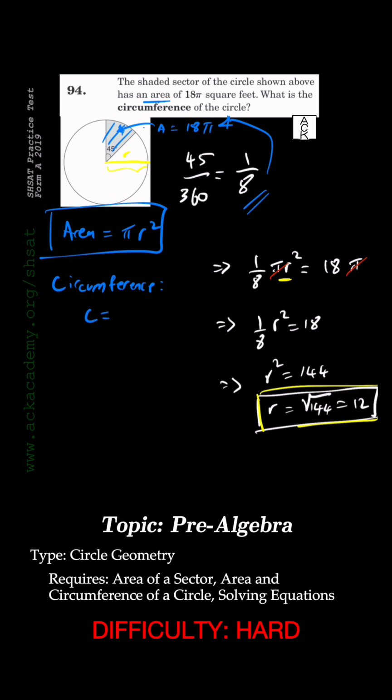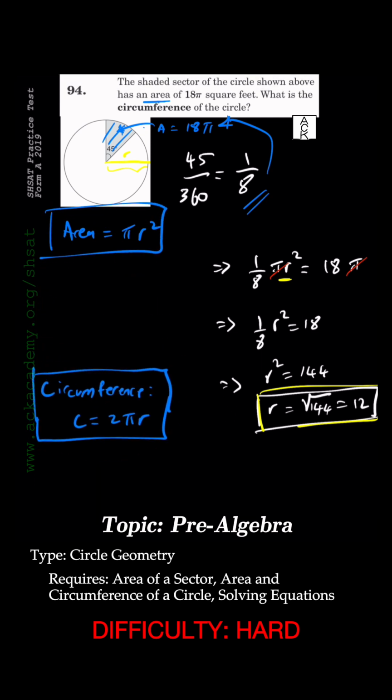Circumference C is equal to 2 pi r. So from this, we can put circumference is equal to 2 pi, and what's the radius? 12, not squared, just r.